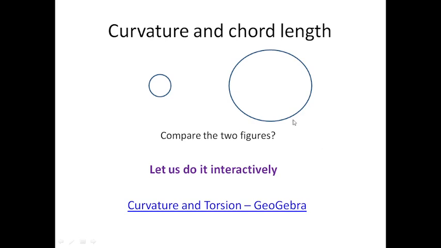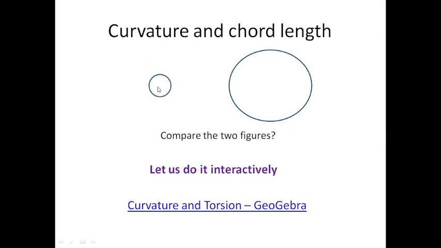Then just a question for you for brainstorming. If you compare these two figures or circles, which one has low curvature? You can very well answer that the bigger circle has low curvature and this one has high curvature.